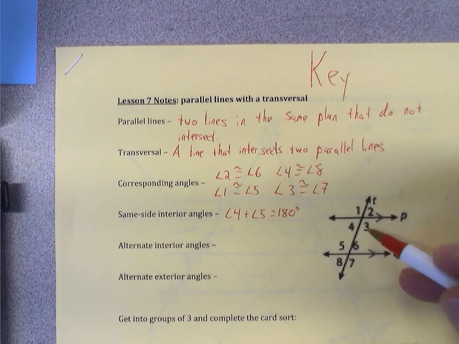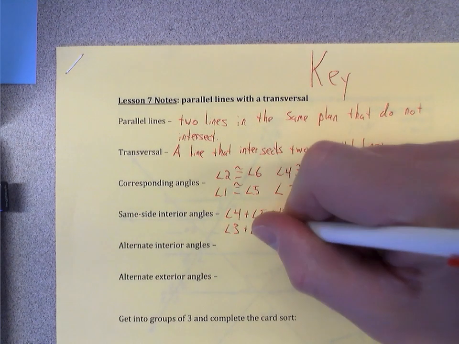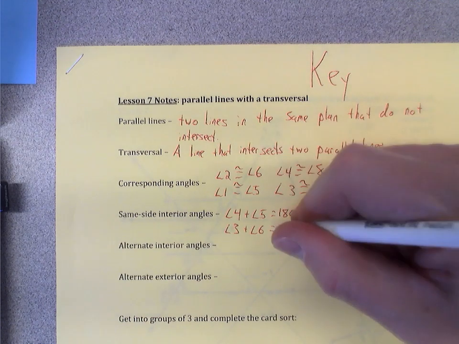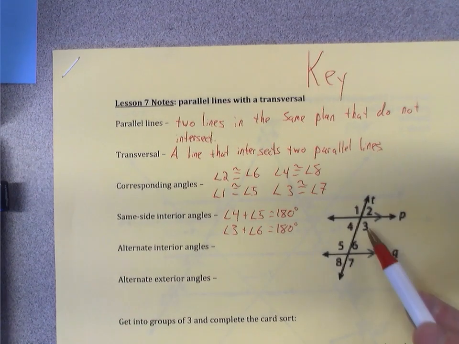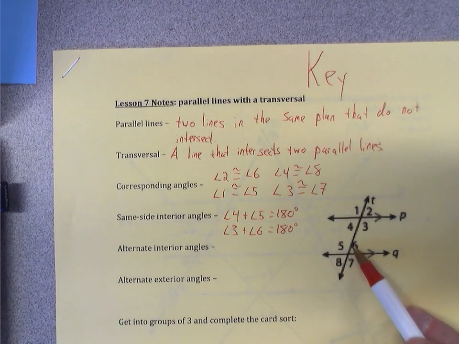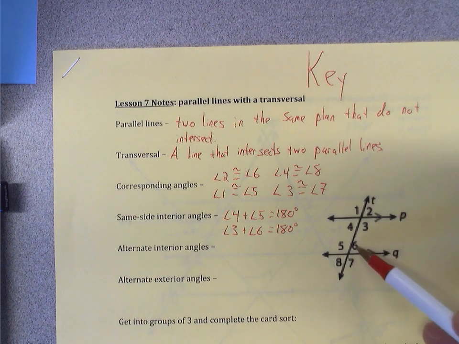Similarly, if we take angle 3 and add that to angle 6, we will also get 180 degrees. Because if you notice, angle 6 is an acute angle and angle 3 is an obtuse, open angle. The combination of those two angles is going to be a total of 180 degrees.